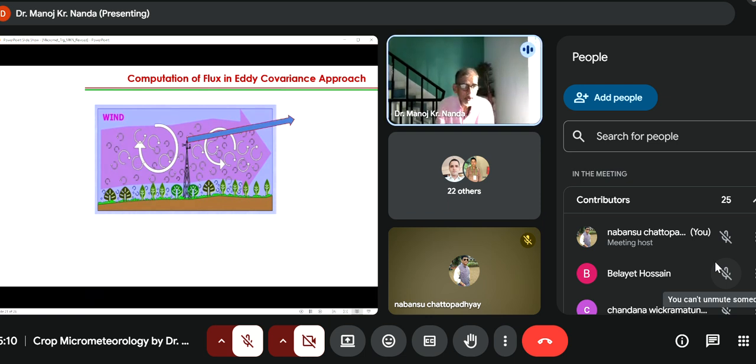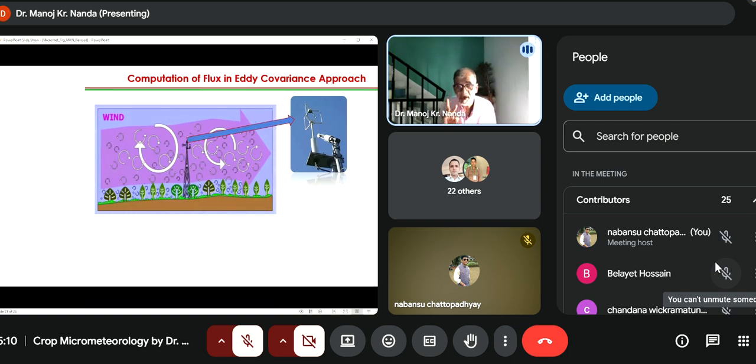This is a typical eddy covariance tower. This eddy covariance system has two essential components. One is your infrared gas analyzer. The other is your sonic anemometer. When I'm saying infrared gas analyzer, I'm measuring carbon dioxide concentration, vapor concentration, and air temperature.